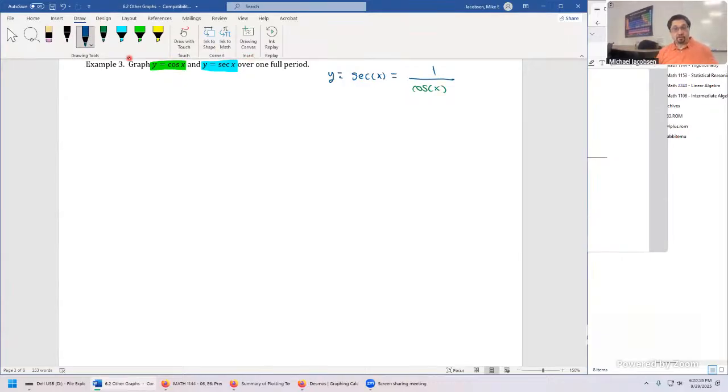We want to get our vertical asymptotes going, so we'll say that secant x has vertical asymptotes where cosine x is 0. But that's at different spots than sine.